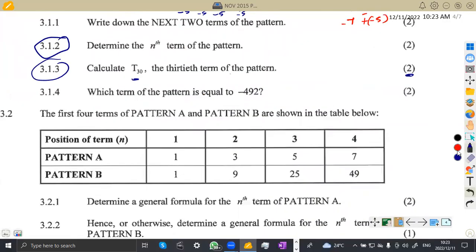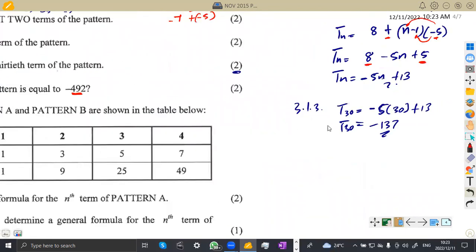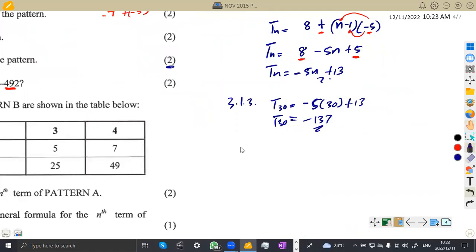All right, on 3.14, we are now asked which term of the pattern is equal to minus 492. So Tn is equivalent to negative 492. So what does it mean? It simply means that Tn that we have here must be equated to negative 492 so that you can calculate n.